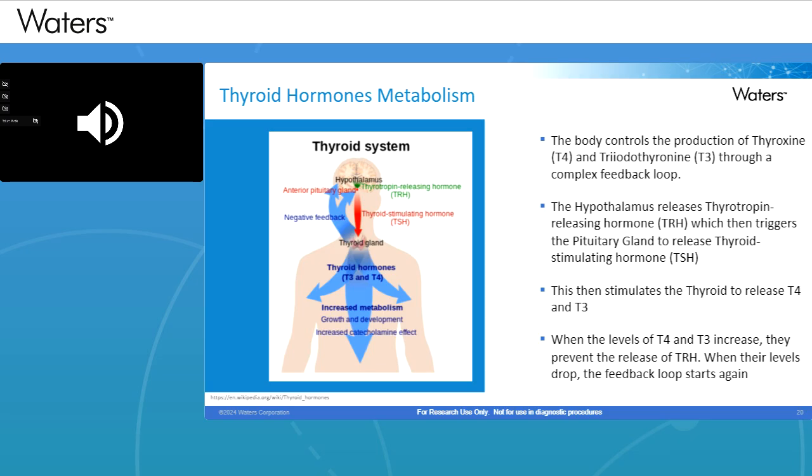The free portions of T4 and T3 are the active portions, and these play many important roles within the body, such as regulating the metabolic rate, heart and digestive functions, muscle control, brain development, and also brain maintenance.